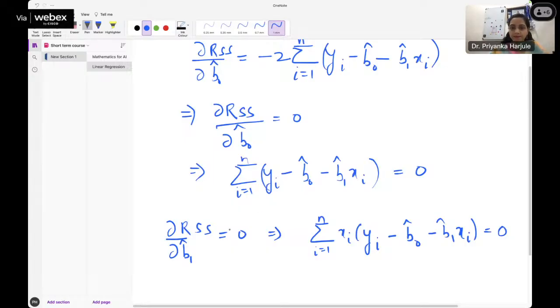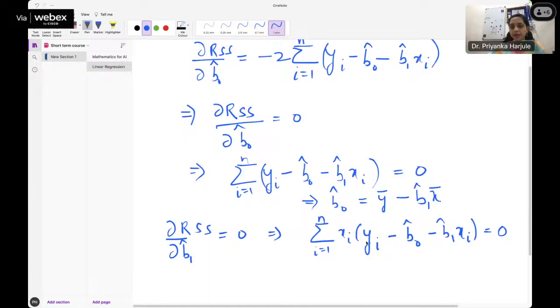So this will give us b naught cap is equal to summation yi, which will be y bar, and the other term will be b1 cap x bar, because summation xi will be x bar.